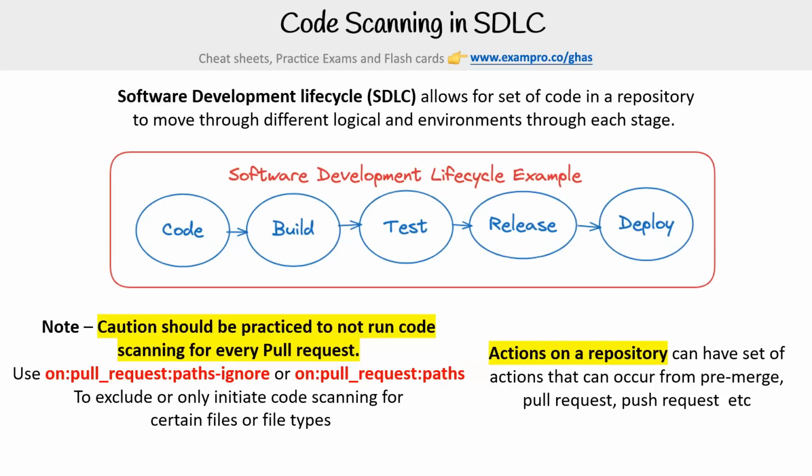GitHub recommends the use of the on pull request paths option to only scan the files which you want to include, and the paths ignore option to exclude, or not initiate any code scanning for, the files that you have called out. If you know the location of the files you want scanned, use the paths variable. But if you don't want to include certain files, use the paths ignore variable.